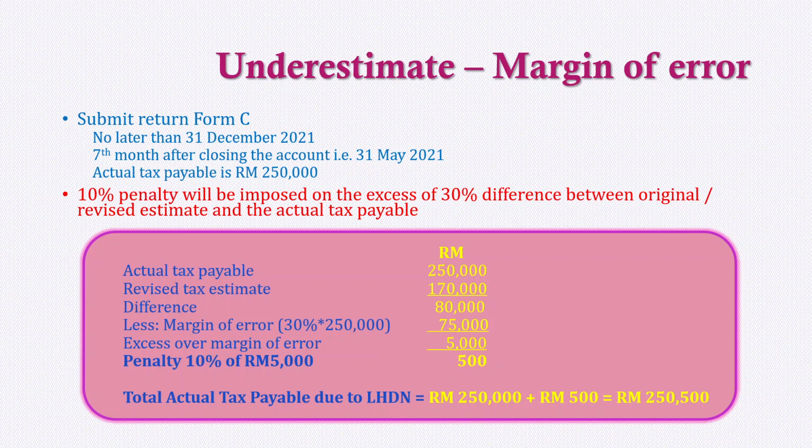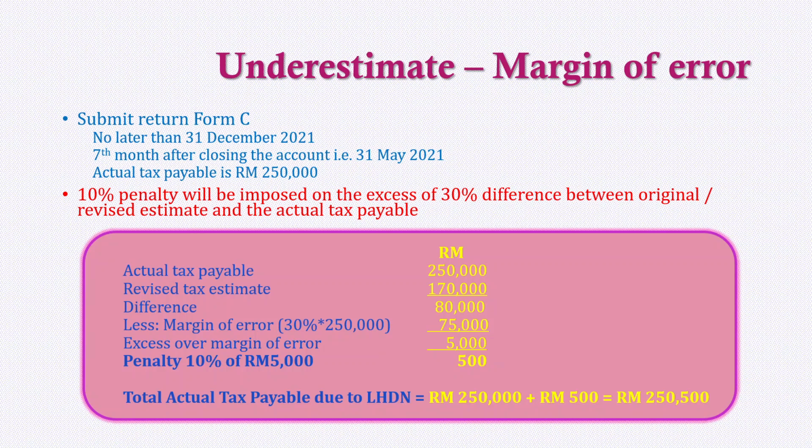So 30% of the actual tax payable is 75,000. The difference just now is 80,000, so you have exceeded your margin of error by 5,000.